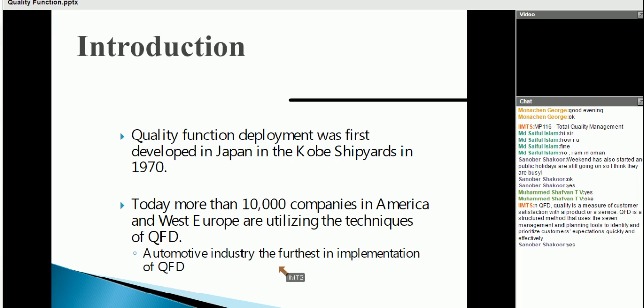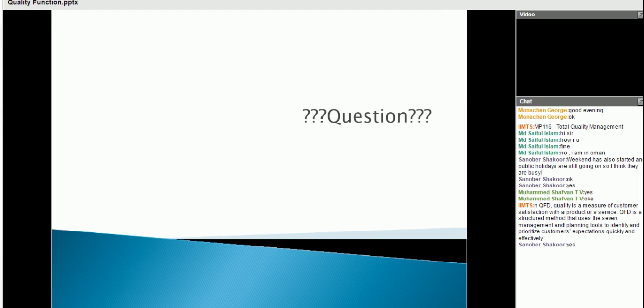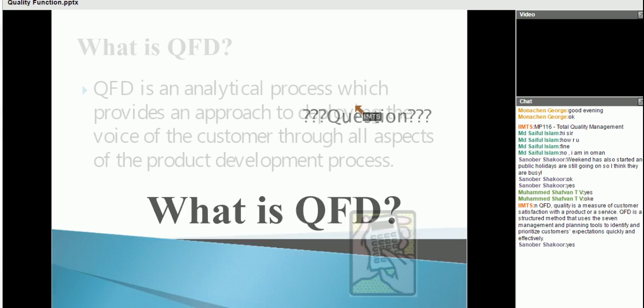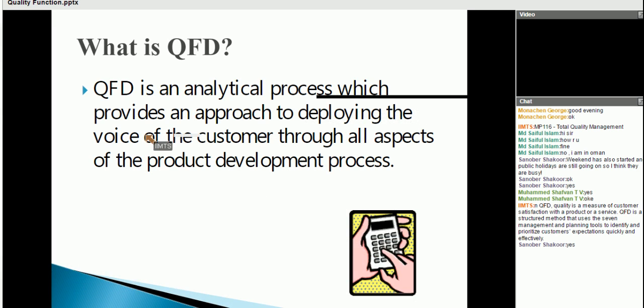The automotive industry is the furthest in implementation of QFD, and uses it on a very high scale. Now, what is QFD? Let's see the basic definition.